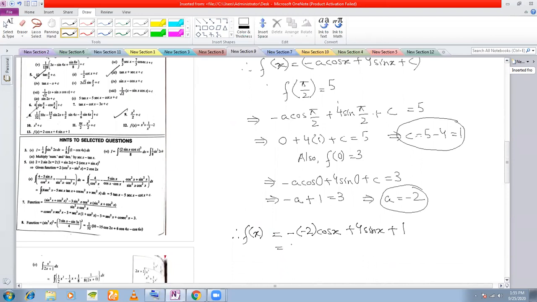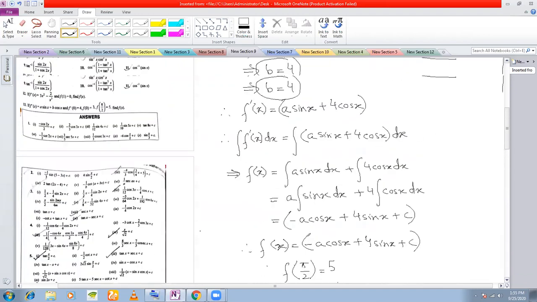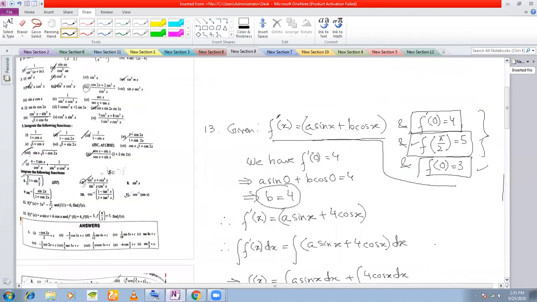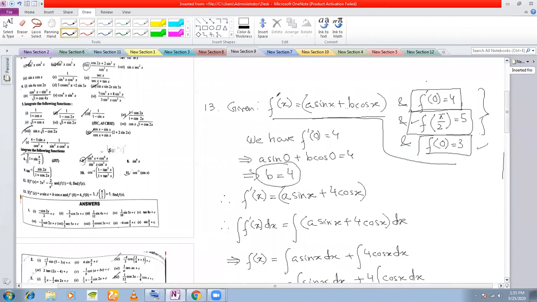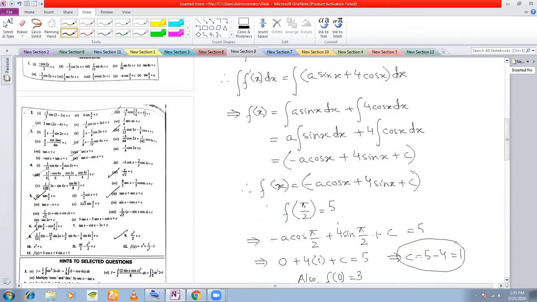So what do you get as the value of f x? 2 cos x plus 4 sin x plus 1. Okay, absolutely clear this problem? So you see there were actually three constants a, b and c, and we used these three conditions to find the value of a, b and c. Only thing was that c was the constant of integration.